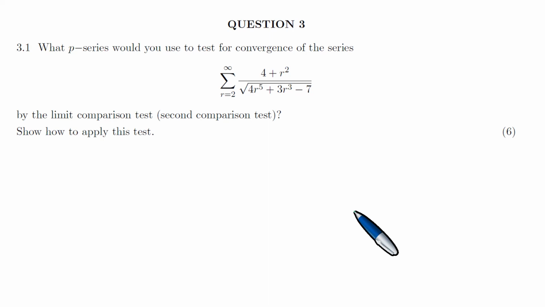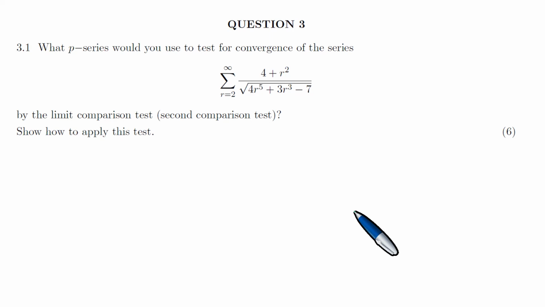Now, it's a test I've been using from time to time, the limit comparison test. We're asking the question, what P series is best applicable in this situation? And so really, what P series is the most applicable in this case? Okay, so we can be able to prove that one.